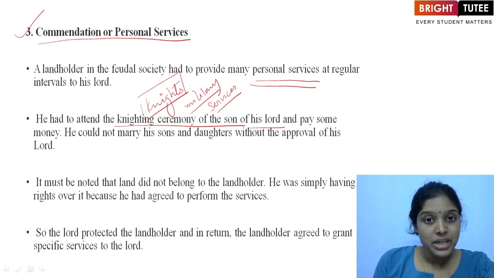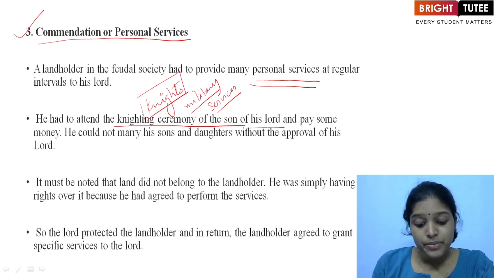Many times when the sons of the lords were made knights or were given the status of a knight, the tenant had to be there and pay them money. So financial service had to be given to the lord by the tenant.